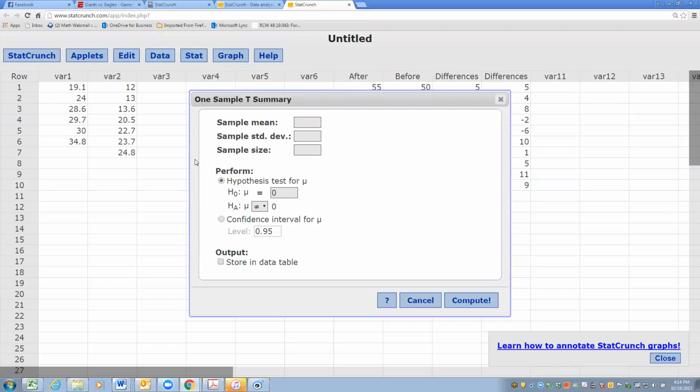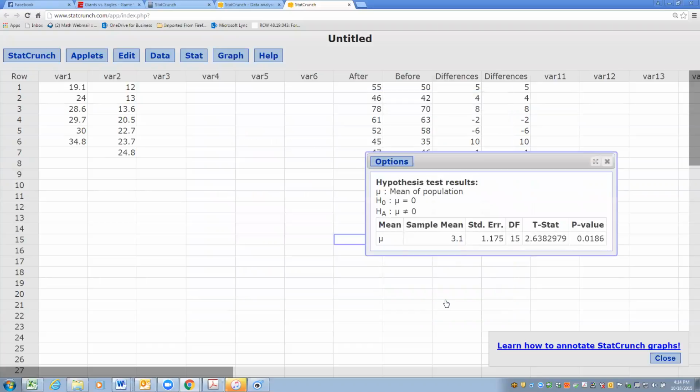So I know the average difference was 3.1, the sample standard deviation was 4.7, and the sample size was 16. I wanted equal 0 versus not equal 0, and I will compute. And I will see that test statistic of 2.638. I'll also see a p-value of 0.0186, which is between our 0.01 and 0.02 that we calculated.